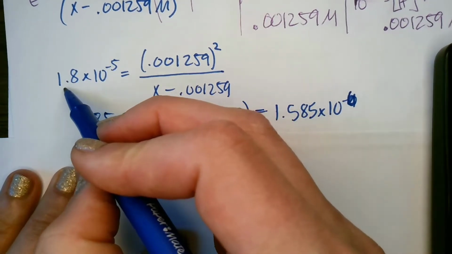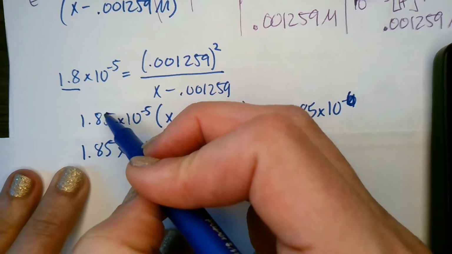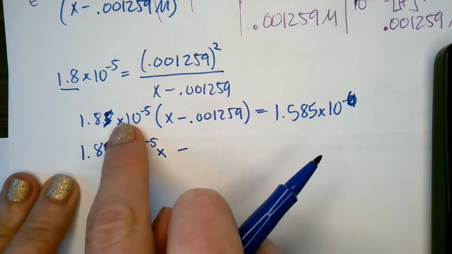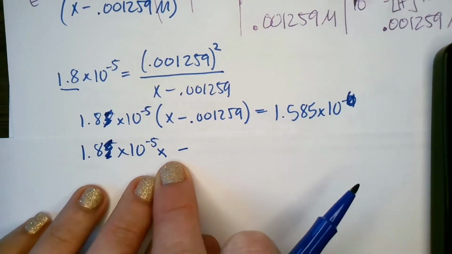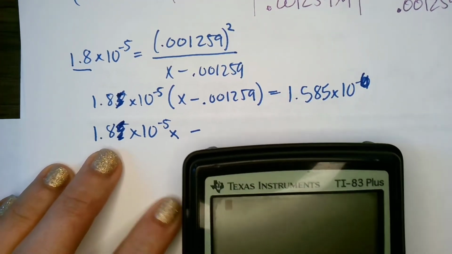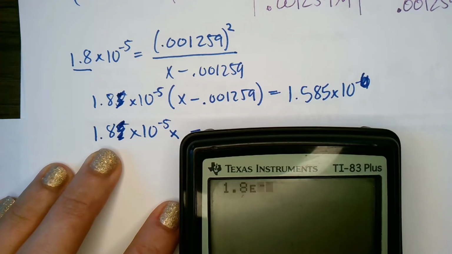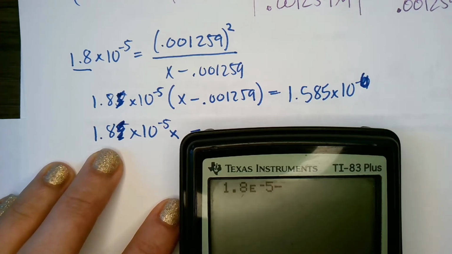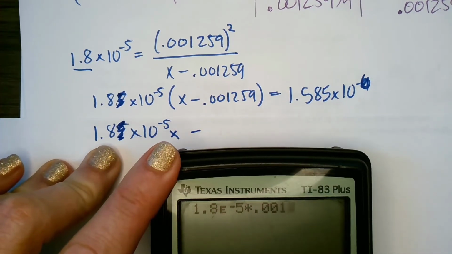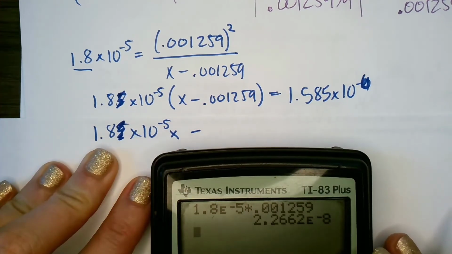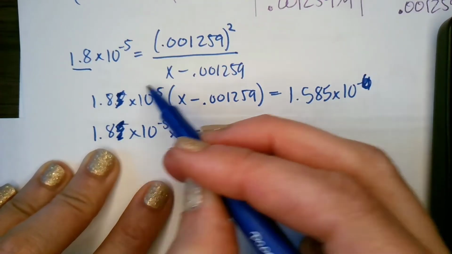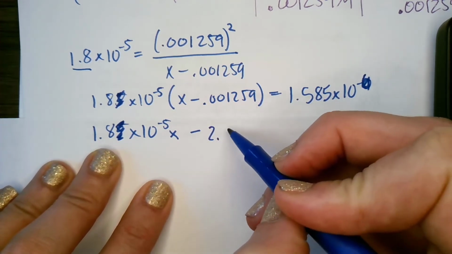First of all, I just went back to look to distribute this, and I'm wondering where I got 1.85. It should just be 1.8. So I don't know where that 5 came from. Let's just scribble that out. So I'm going to have 1.8 times 10 to the negative fifth times x. And then we're going to distribute that 1.8 times 10 to the negative fifth times 0.001259, and then we get 2.2662 times 10 to the negative eighth.